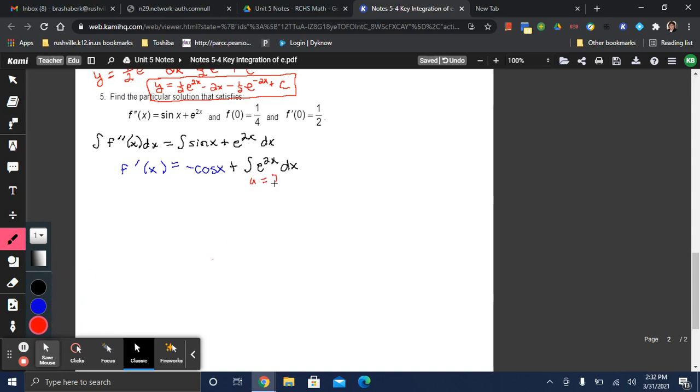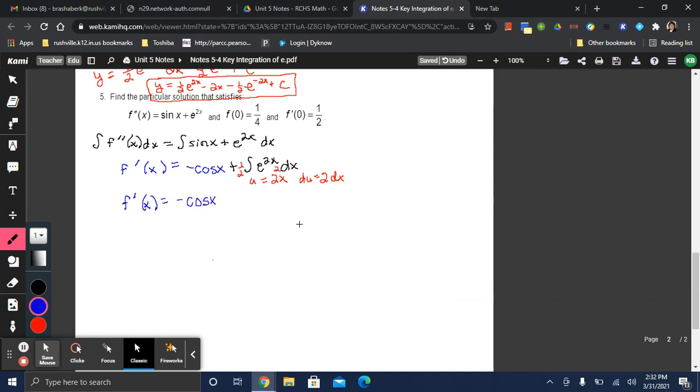Your u for this one's going to be the exponent again. So u is 2x. Du would be 2 dx. So we need a 2, and on the outside balance that with a 1/2. So now we'll have f prime of x equaling negative cosine of x.